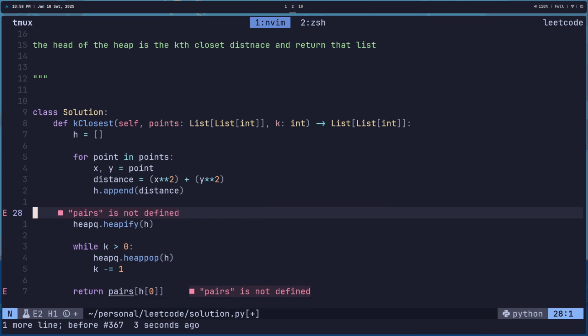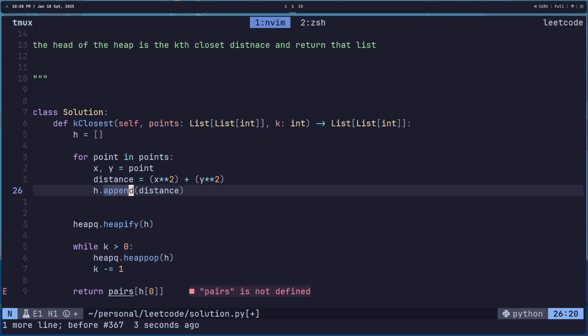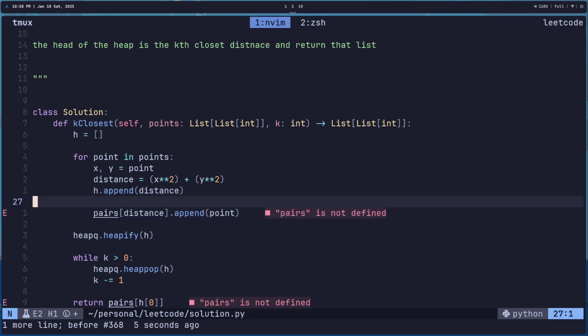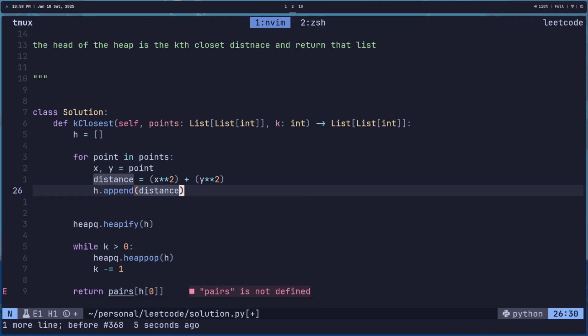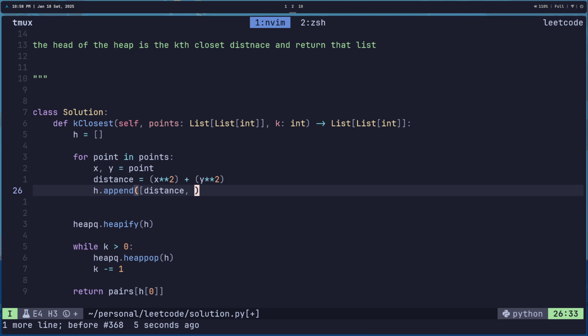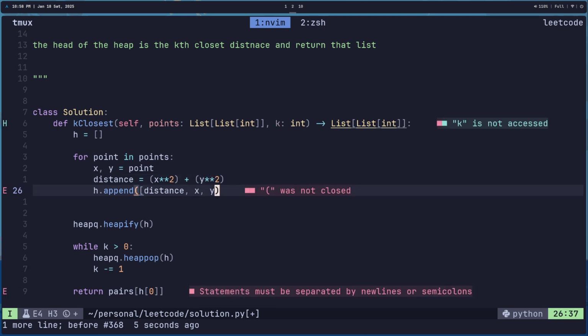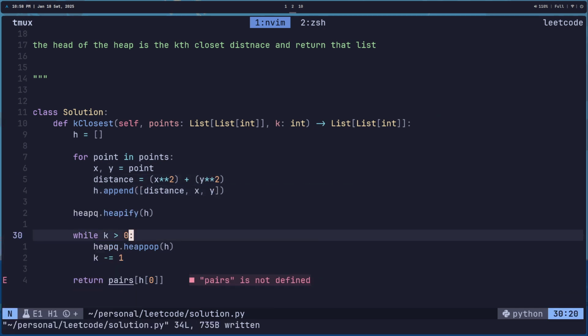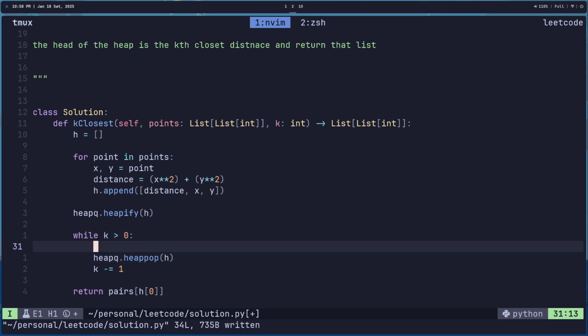Now I do need the distance, but I can now add it. Now I know heaps work like that. So distance and x, y, and then you can heapify that, and then you can distance x, y.